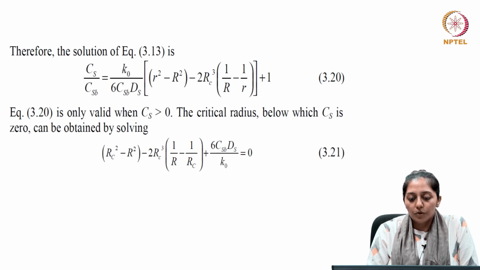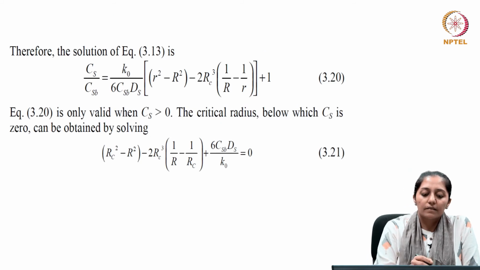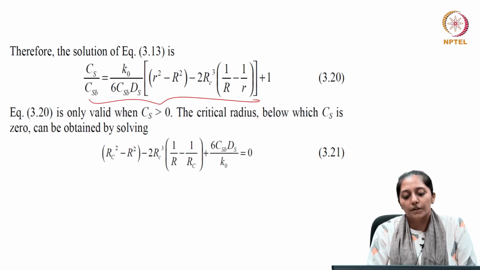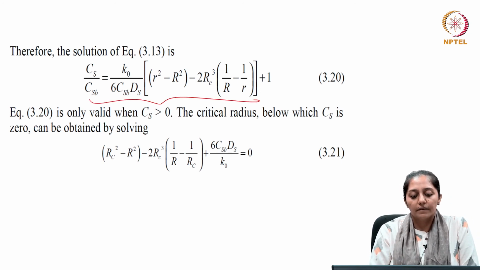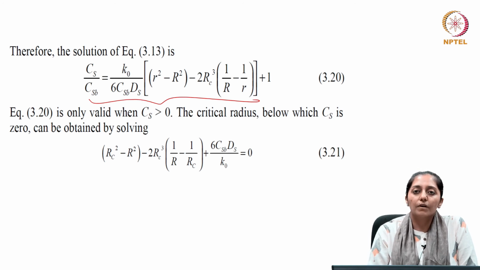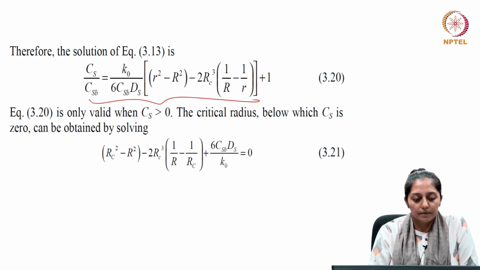Your solution for zero order kinetics is shown here in terms of your critical radius, your bulk substrate concentration and the radius of the pellet, given the values of the reaction rate constant of zero order kinetics and the diffusivity of the substrate through the pellet.